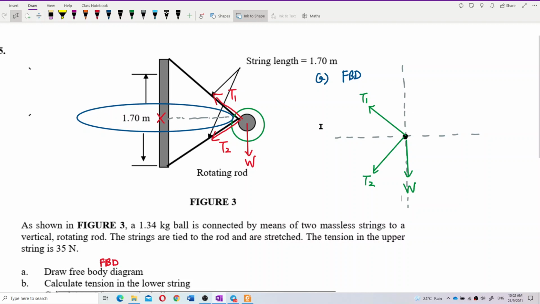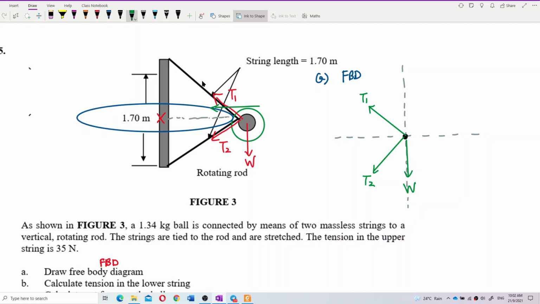And then the center of circle is over here at the left hand side of the ball. So we need to draw acceleration also. The centripetal acceleration is always directed towards the center of circle, so it's to the left.